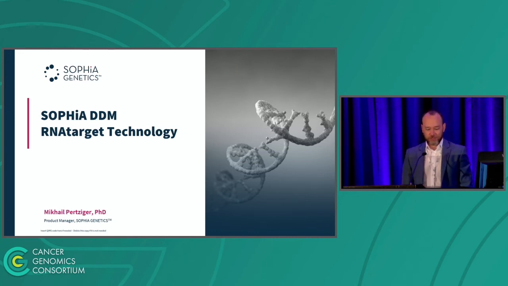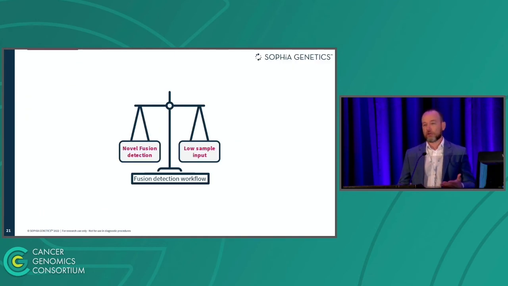What I wanted to do is to introduce, as Mei-Ling said, the product that we've just launched, SOPHiA DDM RNA target technology. And before I jump into the depth of my 2 slides, I wanted to start off with a question: when you are onboarding a fusion detection assay in your lab, what sort of compromises do you have to make?